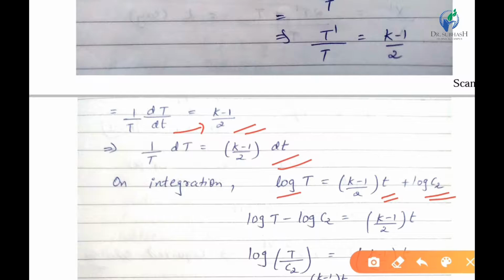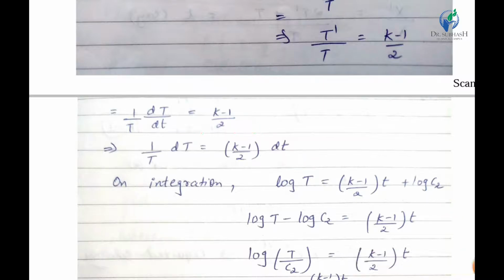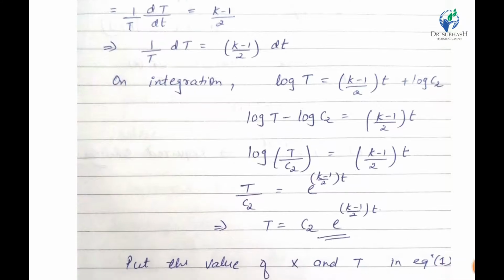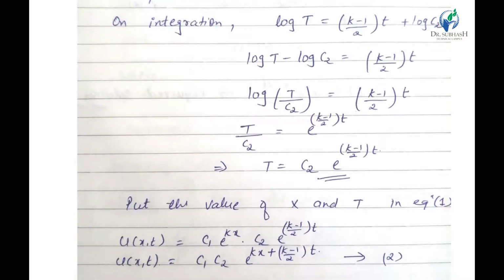Now taking log c2 to the other side, we get log t minus log c2 is equal to k minus 1 upon 2 into t. Again by the basic logarithmic rule, we have log a minus log b is equal to log a upon b. So here we have log t upon c2 is equal to k minus 1 upon 2 into t.